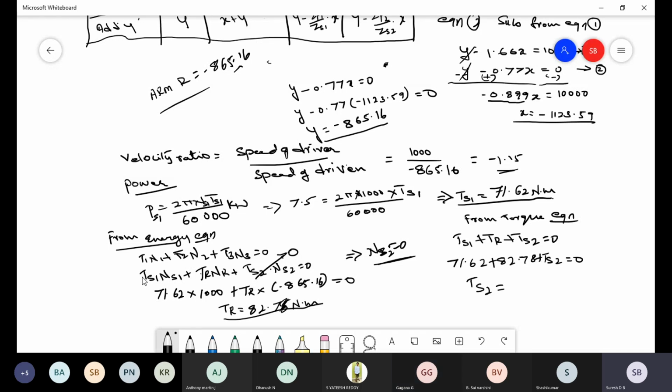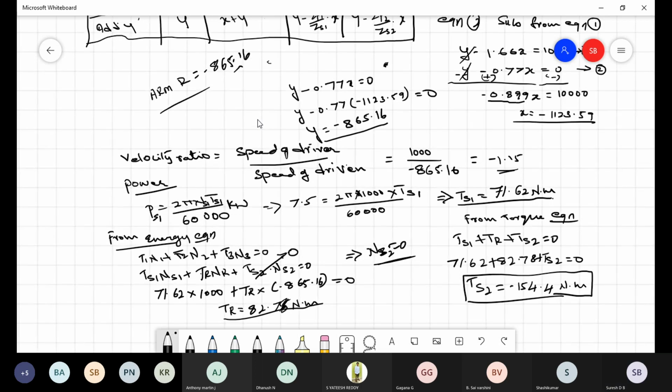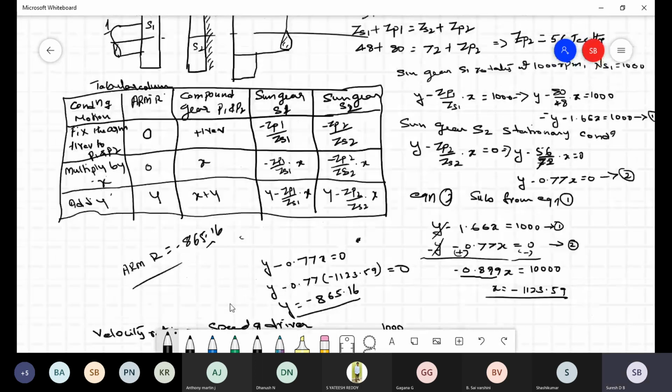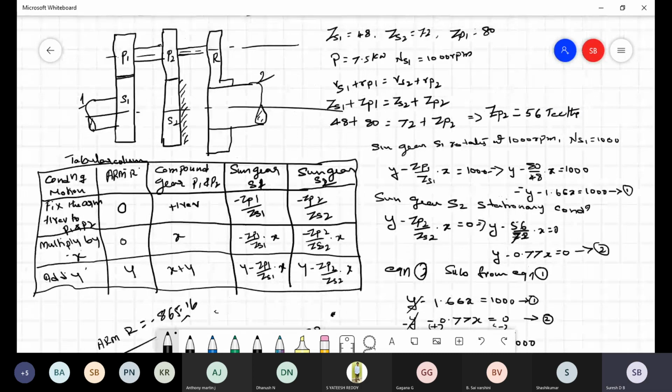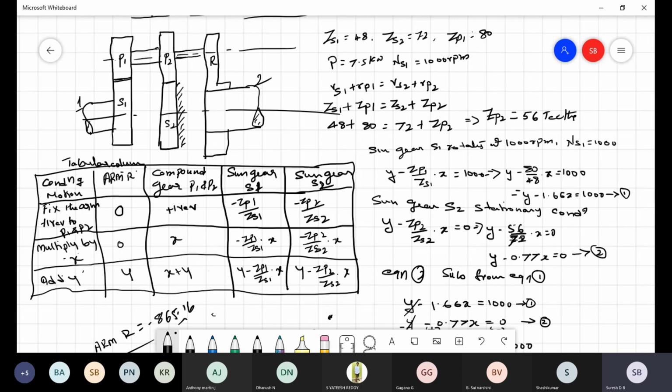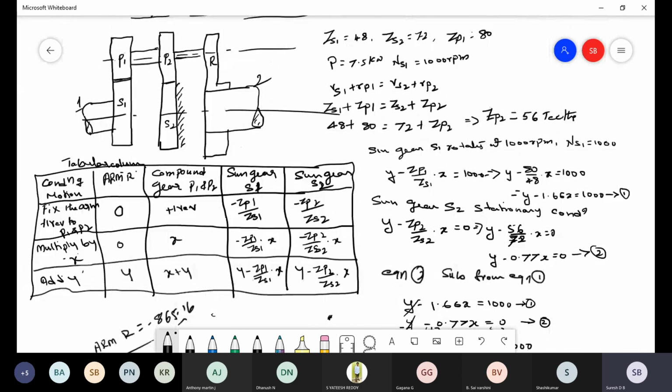Minus 154.4 Newton meters. This much torque is required to hold the sun gear S2, the gear number S2. Okay, any doubts?